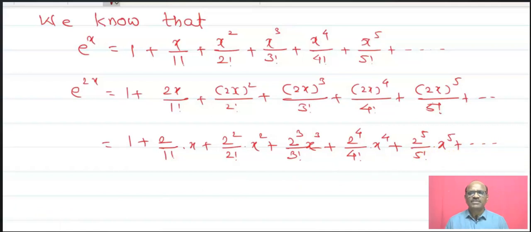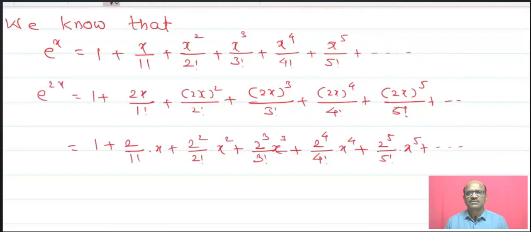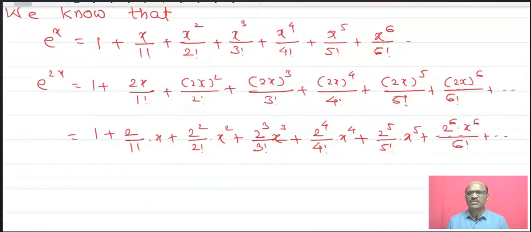Now here we will require one more extra term, that is (2x)^6/6!, that is (2^6/6!) x^6, and in this way.